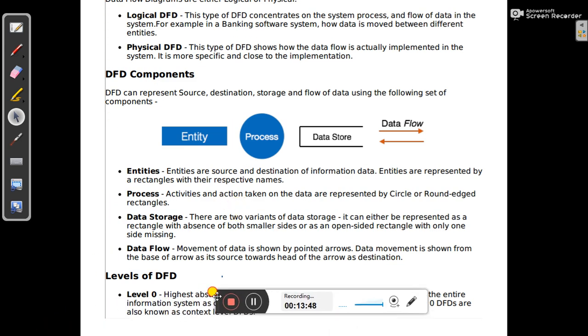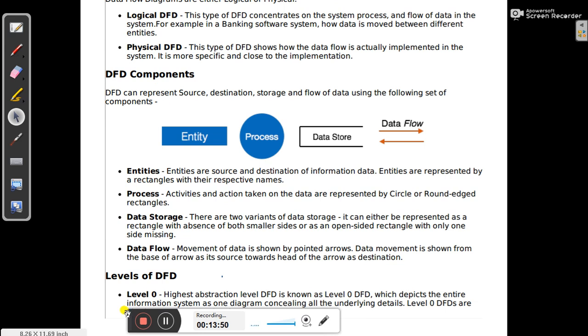Okay, if you have any doubt regarding these ideas, please let me know, and we'll try to go further if required at a later time. Okay, this is all for this video. We have tried to discuss a few notations and techniques, how we can analyze or design systems through data flow diagrams and entity relationships.